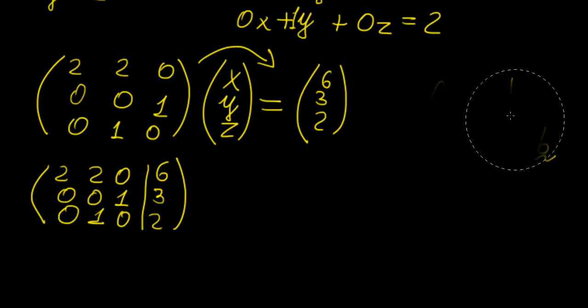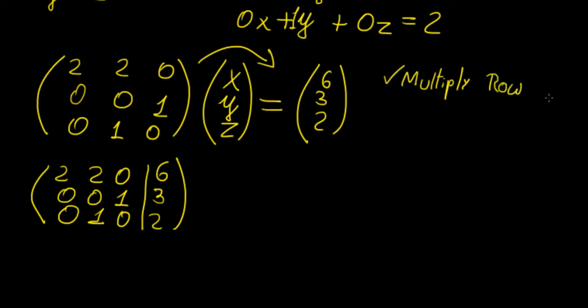Now we're going to perform some operations on this. So there are three main operations that we can perform with respect to matrix equations like this. We can multiply a row by any constant. That constant can be a real or a complex number, and it can also be negative or positive and also a rational number. So it can really just be any constant that you want.